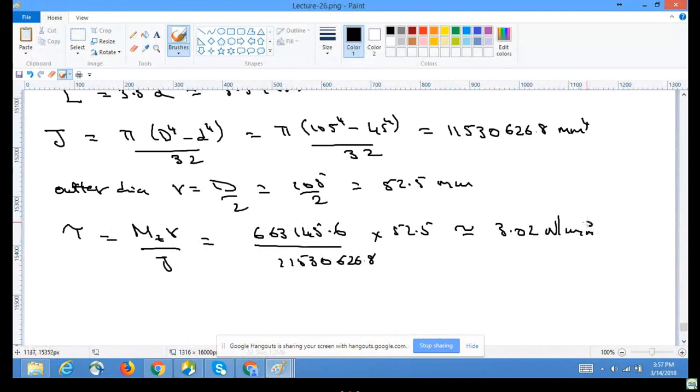So 3.02 is less than 16.67 for the sleeve. So it's safe to use these dimensions.